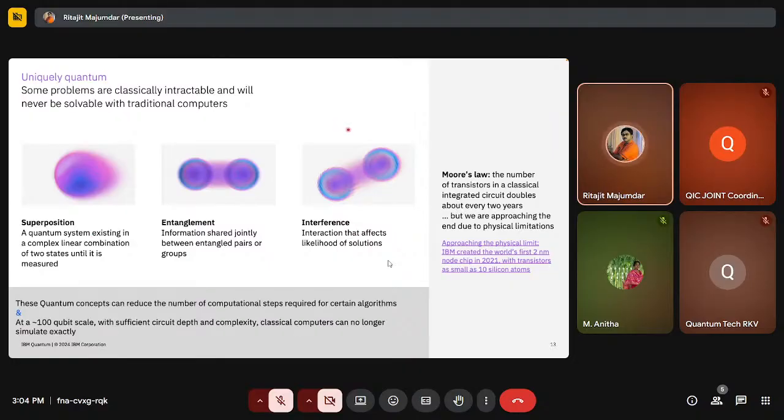So these are the properties that we don't really experience in our day-to-day life, in our macroscopic world. So even though my laptop, my mobile phone, all that critical infrastructure, cannot really exploit this quantum behavior, if you have a system which can exploit it during computation, that's when you create a quantum computer.